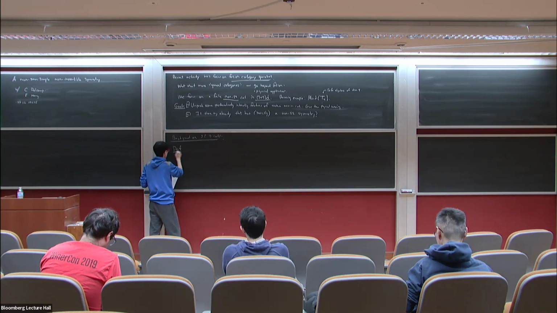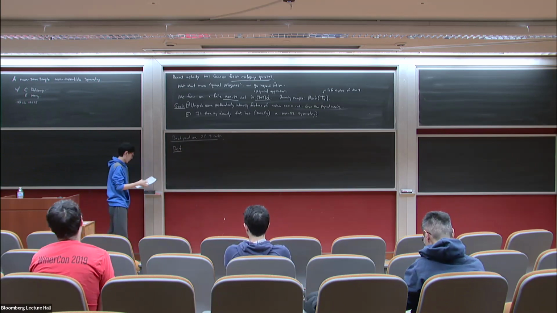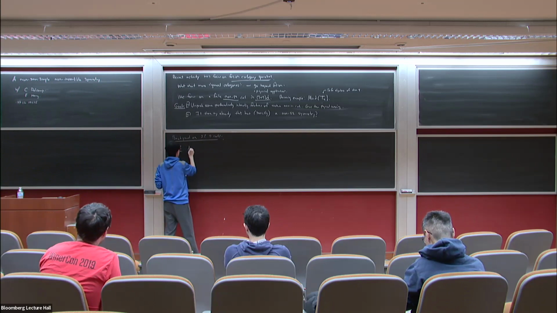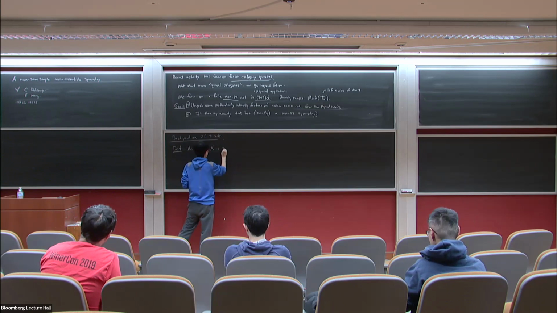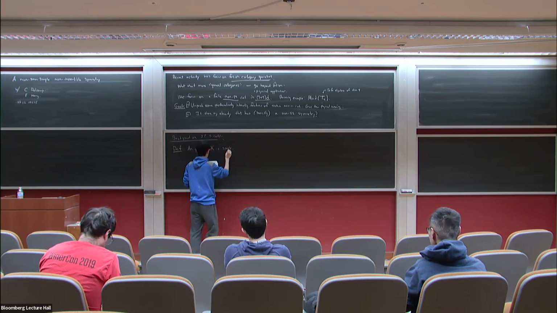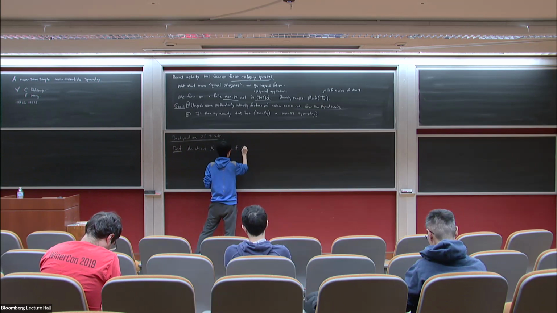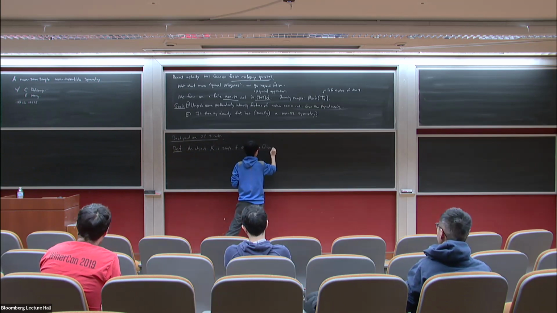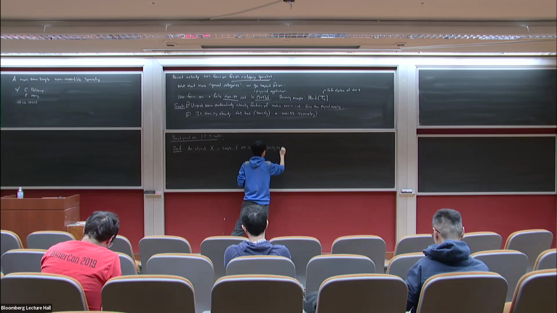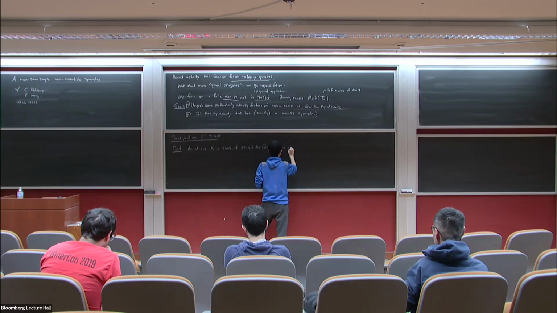Definition, the things that probably most people are familiar with, but I'll go through them anyways. An object X is simple if one of the following equivalent conditions holds.